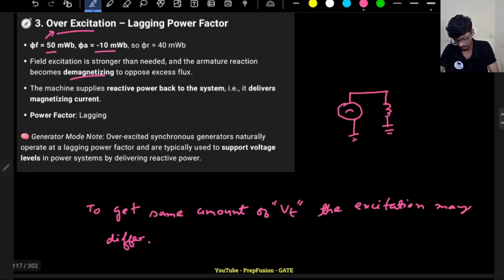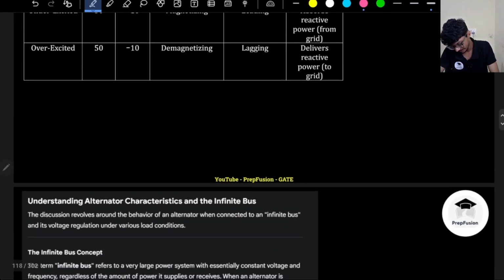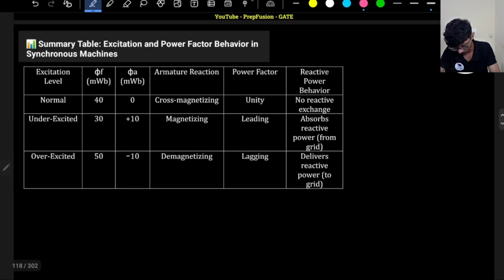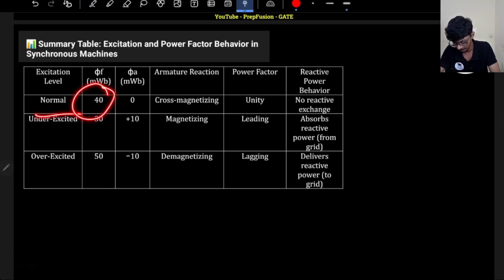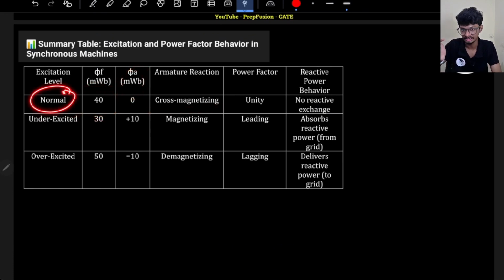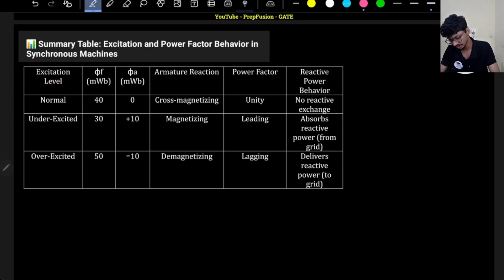Now one more key point: here the summary table is given. If it is normal excitation, I don't have to do anything extra, because the armature flux will be cross magnetizing and will not affect the main field flux. So I don't have to provide any extra or lower excitation to get the same amount of voltage. All these are at constant voltage output, that is constant Vt.